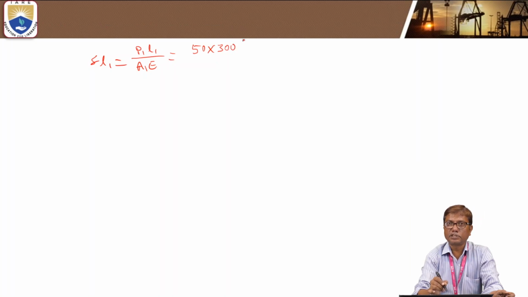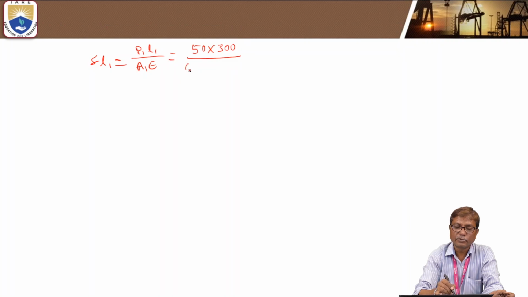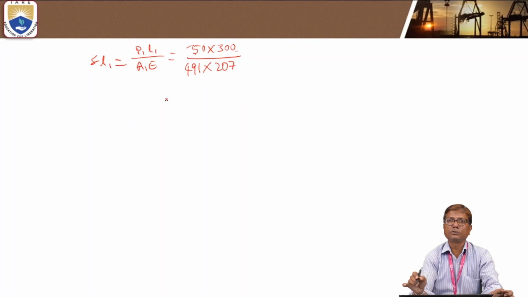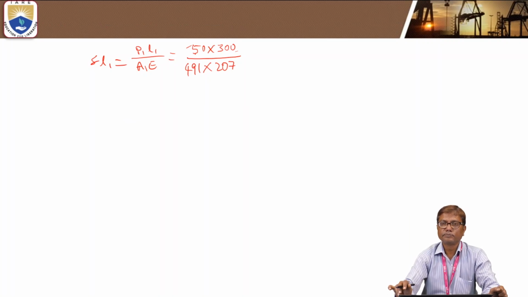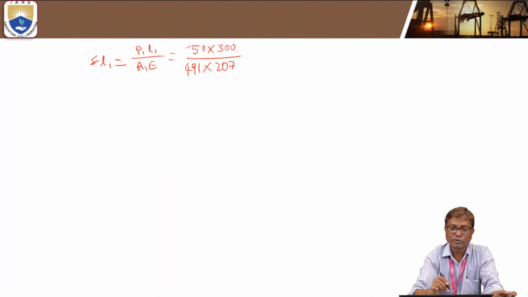Let it be in millimeters only. 300 by A1, 491 millimeter square into E. So E should be in kilonewton millimeter units. We are taking load in kilonewtons. So E value we can take as 207 kilonewton per mm square.